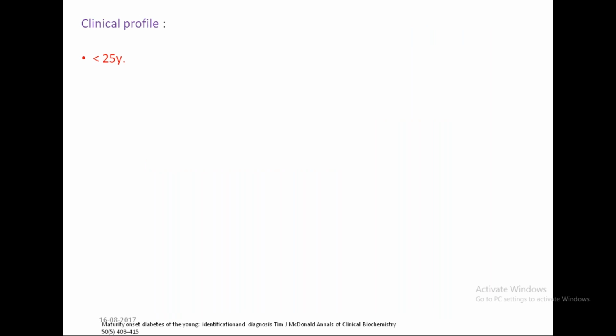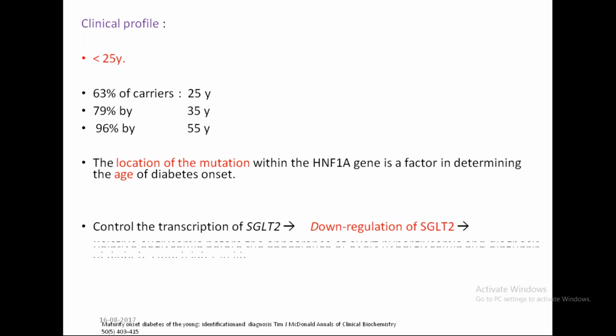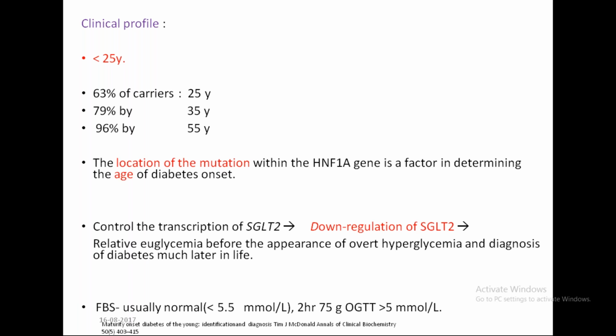So when you do an ultrasound or something, you can definitely notice a small pancreas, and usually less than 25 years, 63% of the kids are carriers, and 79% by 35 years.